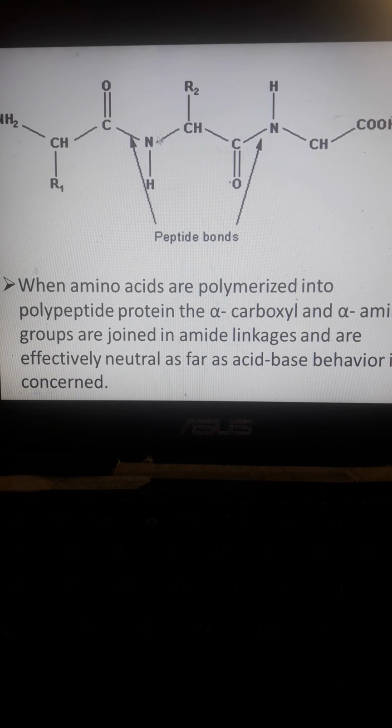So this is the linkage, the amide group and another amide group. This one is a peptide because it is composed of 2 amino acids. What is this called? Amide group linkages. The bonding here is at the nitrogen, because of the presence of spare electrons.